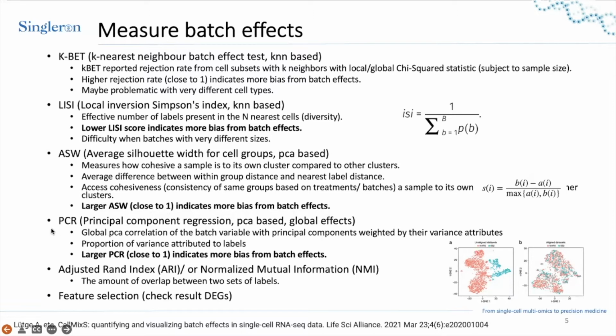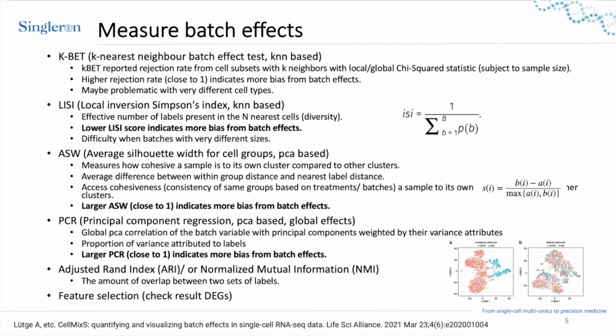The next one is the principal component regression. It is PCA based, and it will tell the global effects. It calculates the PCA correlation with the batch variable, with the principal components weighted by their variance attributes.